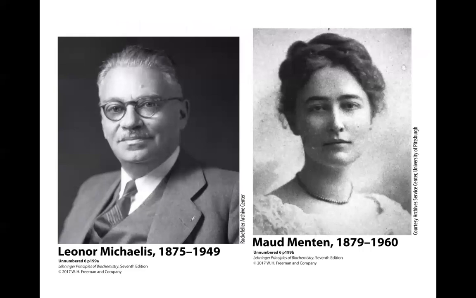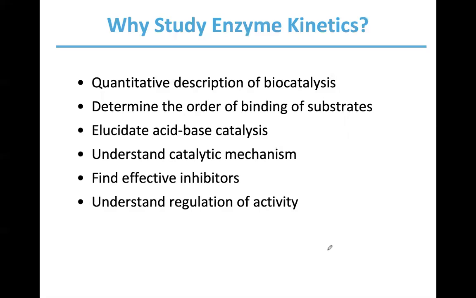So we'll talk about the kinetics, the theory which has been developed primarily by two scientists, Michaelis and Menten. And that's why this type of kinetics is often referred to as Michaelis-Menten enzyme kinetics. So, why study enzyme kinetics?